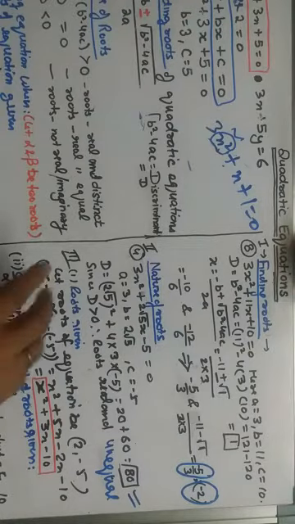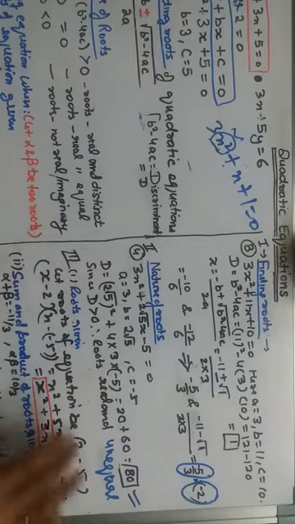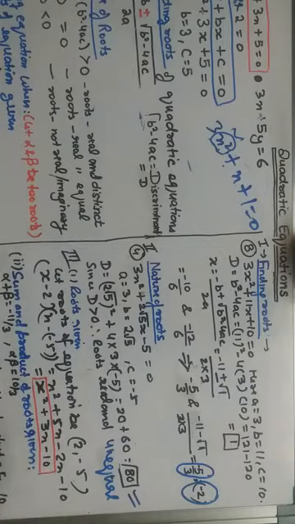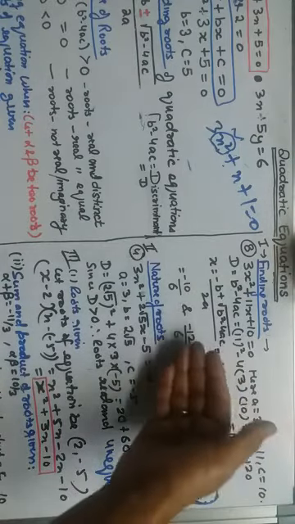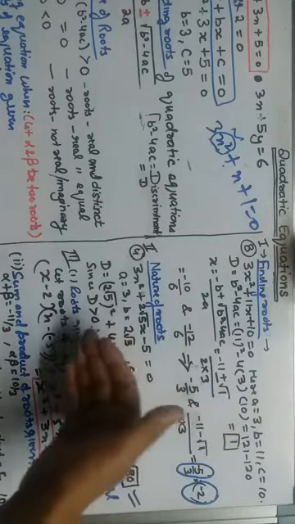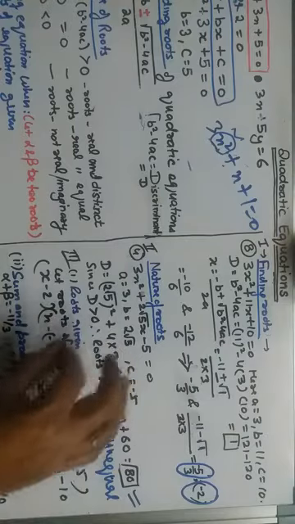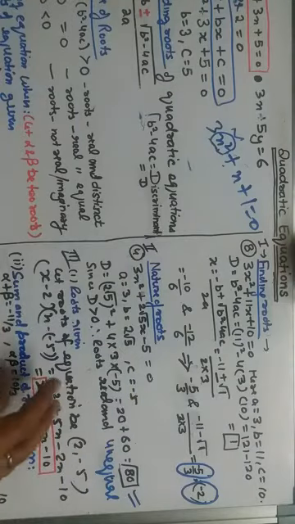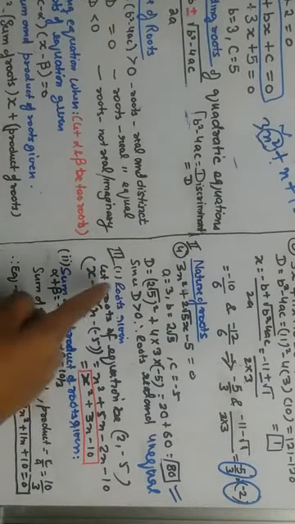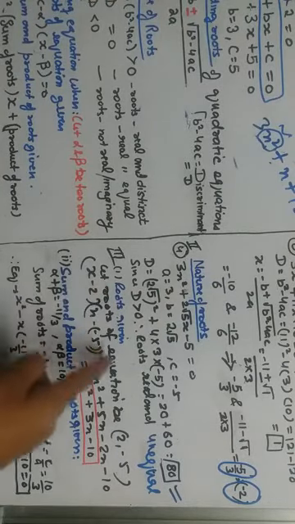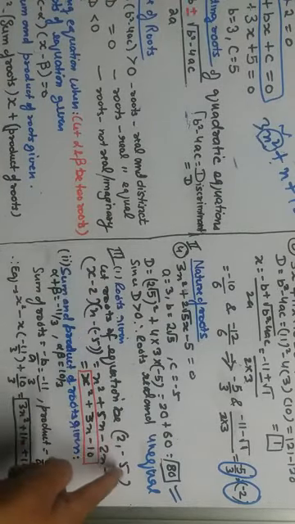So the third part, we are going to take out the equation. In the first two cases, the equation was given, and we had to find the roots and the nature. In this case, the roots are given and we have to find the equation. So when roots are given, let the roots of the equation be 2 and minus 5.